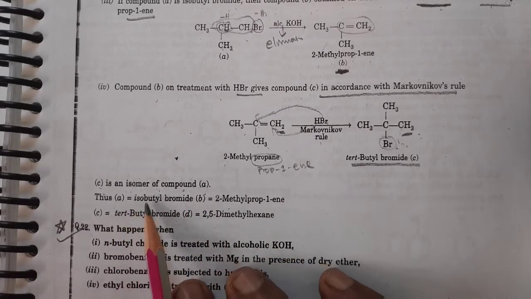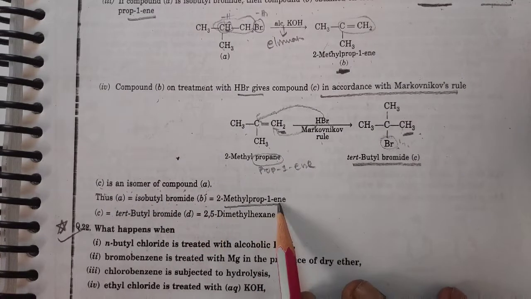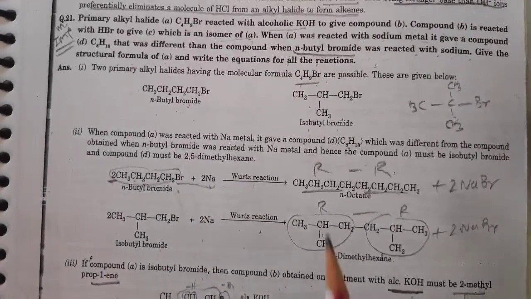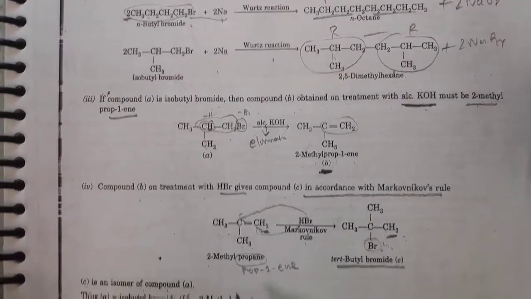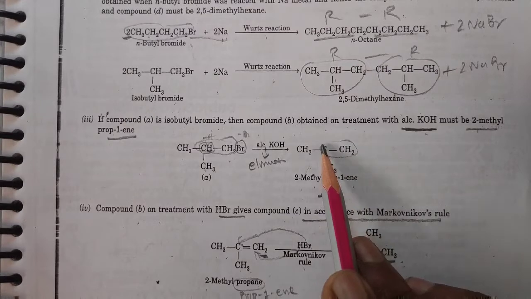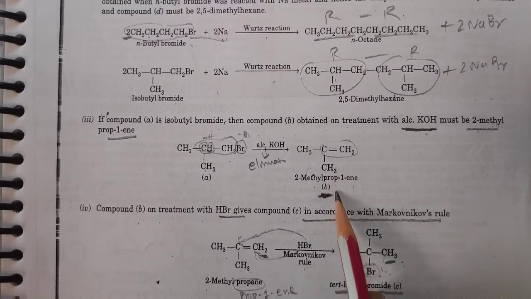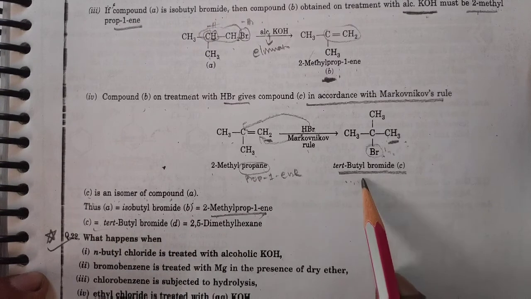Thus, A is isobutyl bromide. B is 2-methyl propene. What is A? A is isobutyl bromide. What is B? See here, B is 2-methyl prop-1-ene. Sorry, that we got from the elimination reaction. And C is tertiary butyl bromide that we got here, right?